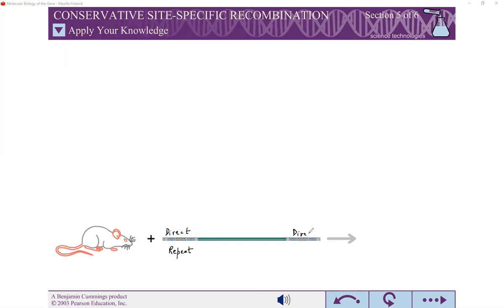When the two direct repeats are inserted, they undergo recombination in such a manner that the central gene of interest will be lost. Okay. So this will produce a knockout.